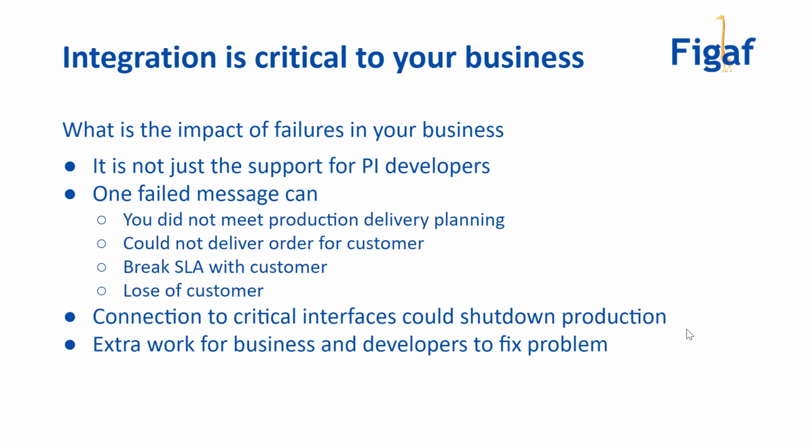And I know a lot of customers in the car or automotive industry have strict SLAs, and if you're breaking these, it has consequences and you may lose those as customers. You could also stop the production depending on what systems are involved. So you want to keep that to a minimum. And then it's also extra work for businesses to actually fix these problems.